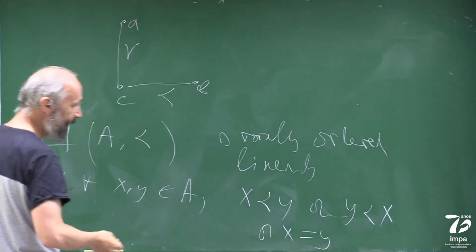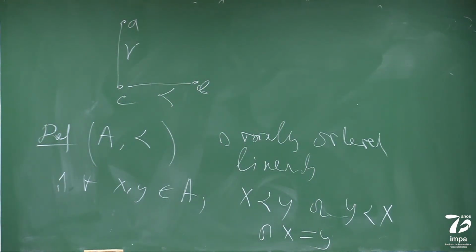One of those three things should be true. It's like the order on reals, on rational numbers, on integers. If you know ordinals, this is how the ordinals are ordered, and so on.